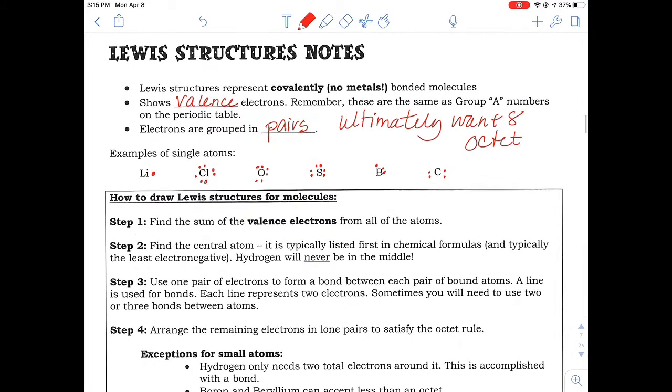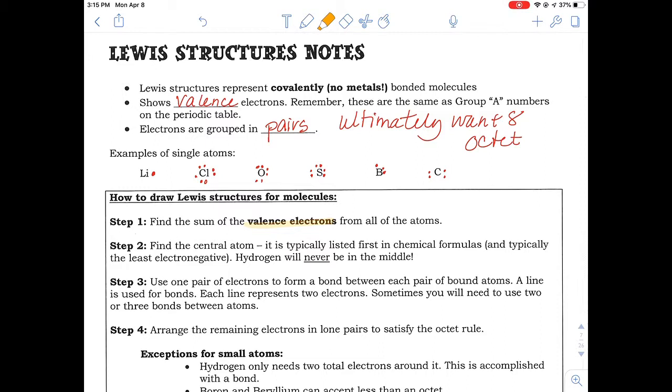Now, when we want to draw a Lewis structure, that means we're going to draw out a kind of stick figure of a molecule. The first thing you have to do is count the valence electrons. The second thing you do is figure out what the central atom is. It's usually the first one in a chemical formula, usually the least electronegative.